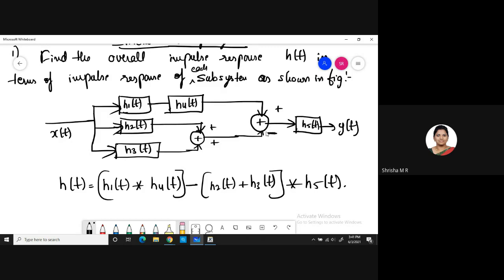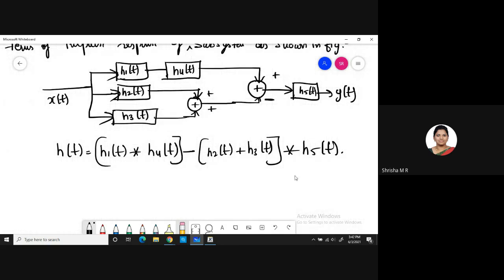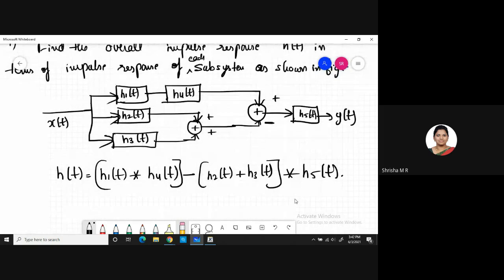You have plus here and minus here. These signs will be given to you. So h1 of t convolved with h4 of t minus h2 of t plus h3 of t, and this system is in series with h5 of t, so it's convolved with h5 of t. Got it, everyone? Clear?